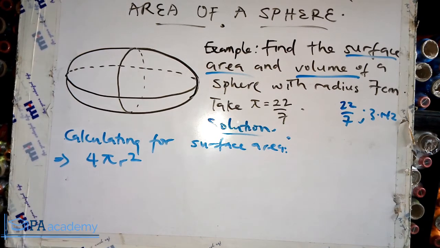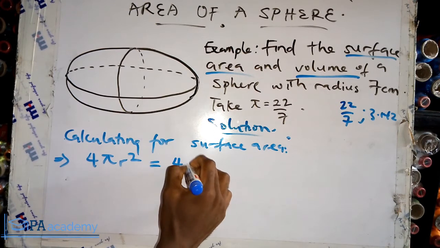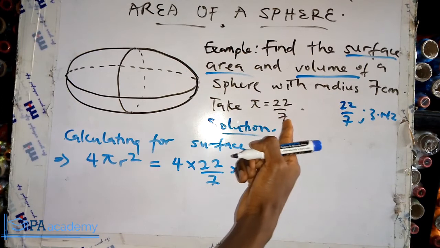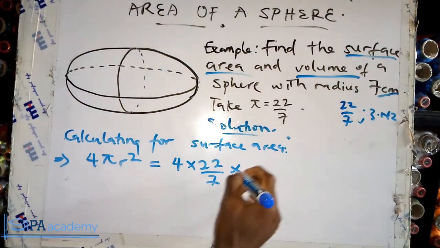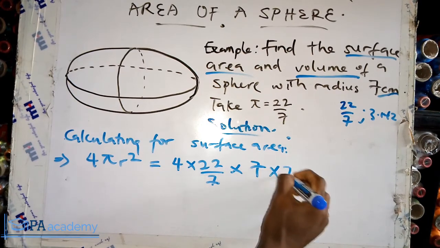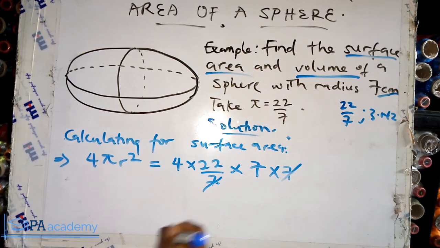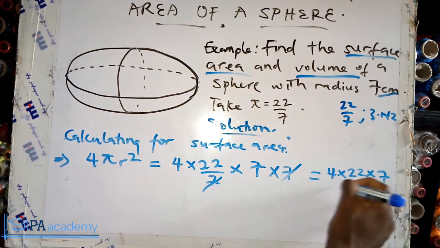So we know the value of pi and we know our r. So let's put in the values. That will be 4 times 22 over 7 times our r, which is 7 centimeter, so times 7 times 7. This 7 can cancel this 7. So we'll be left with 4 times 22 times 7.